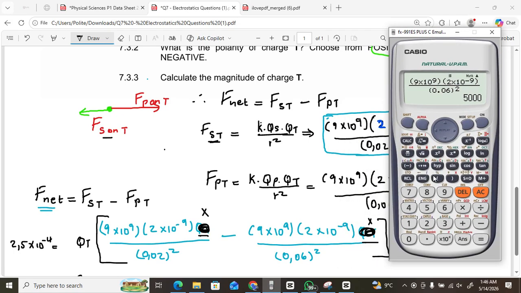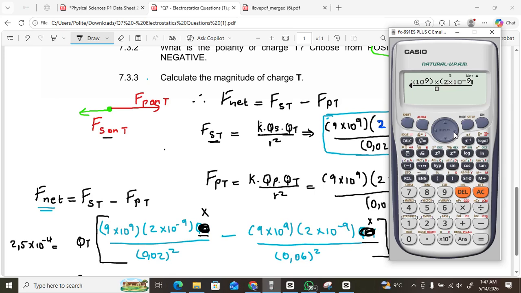I have the bracket, then 9 times 10 to the power 9. Then close the bracket. This is multiplied by 2 times 10 to the power negative 9.